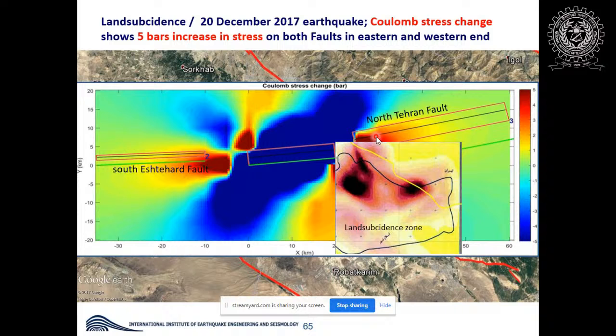Therefore, the situation for this seismic gap, more than 3,000 years of seismic gap, is complicated.